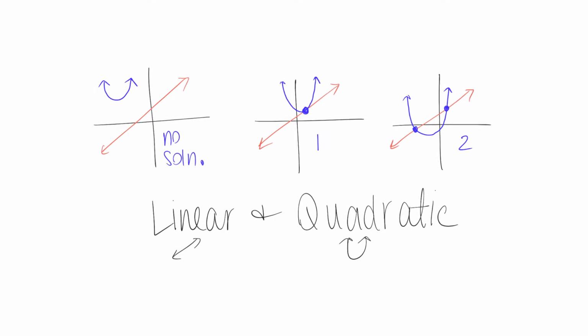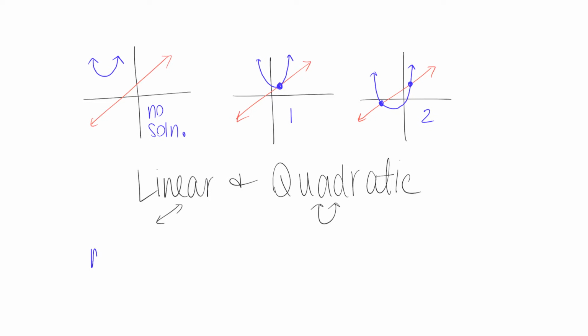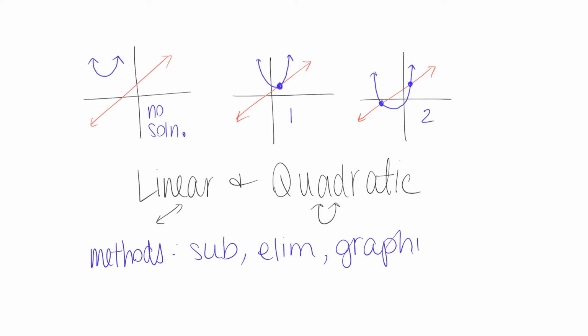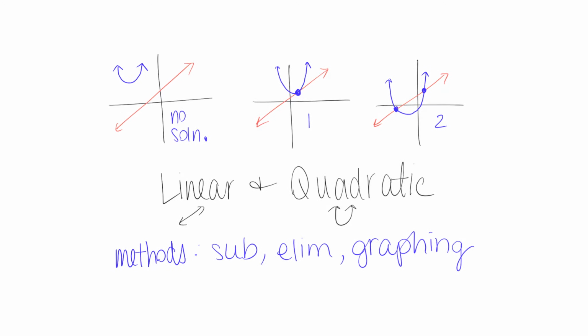We're still going to use our same three methods: substitution, elimination, and graphing. Those aren't going to change. They're going to look a little bit different because we're going to have an x squared. But what's really going to change is that it's possible to have no solution, one solution, which we're used to, or now two solutions. So let's take a look and see what that looks like.